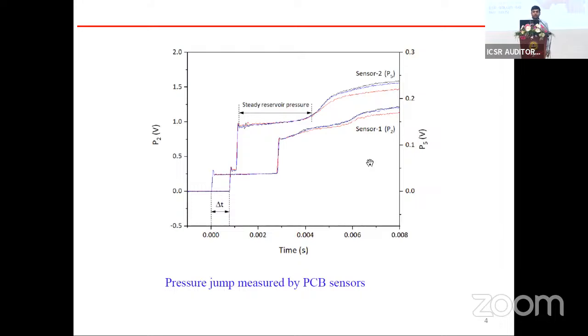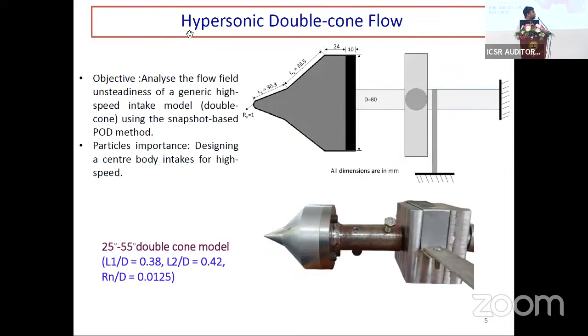Hypersonic double cone flow. The double cone model has been fabricated with dimensions of. Our main aim is to analyze the local flow and study the. The practical aspects of this experiment are designed by the central body.